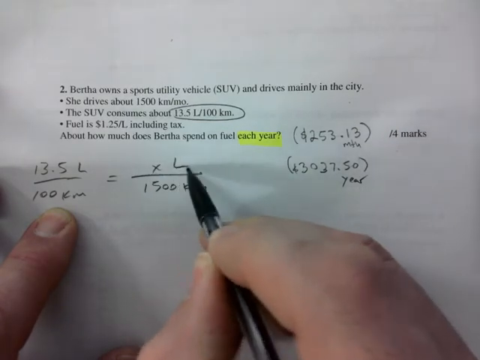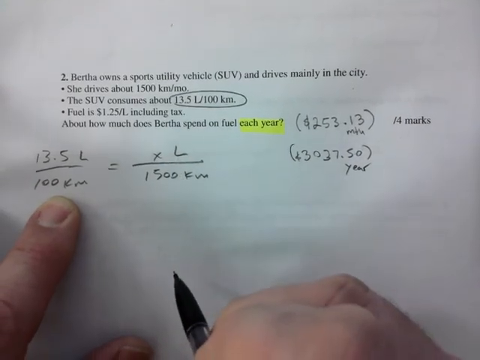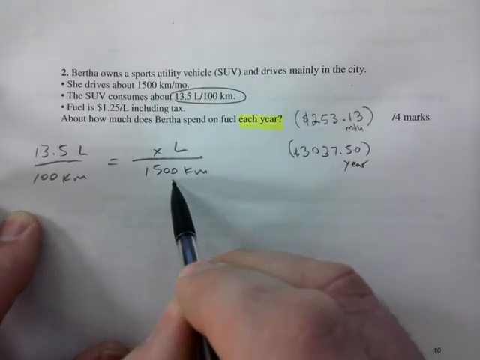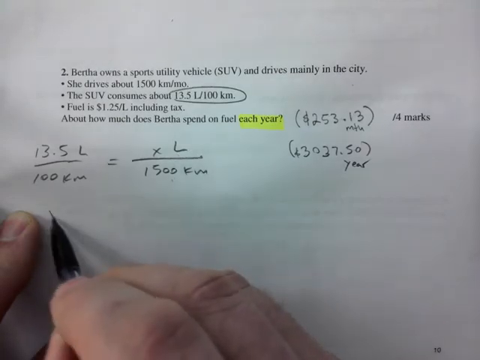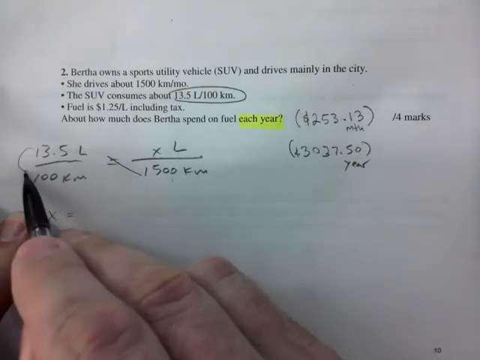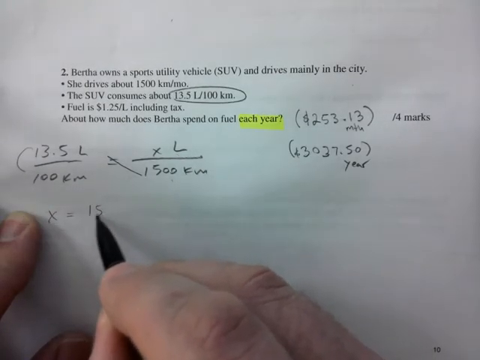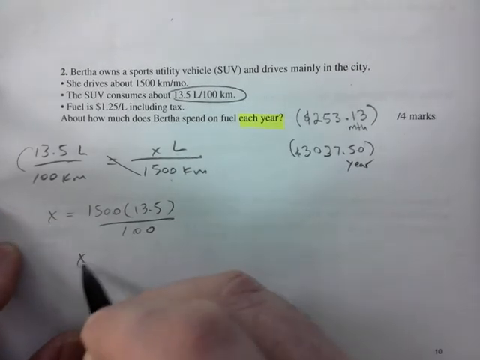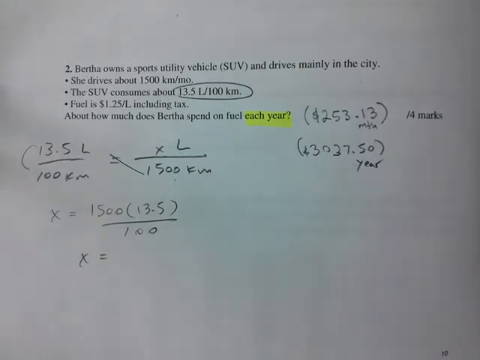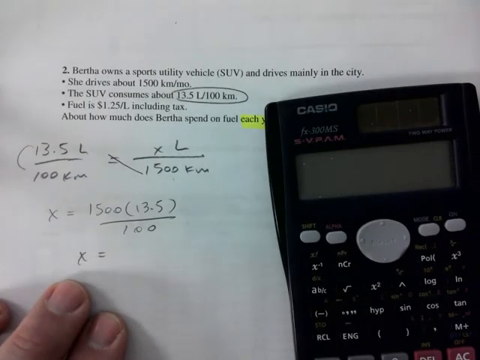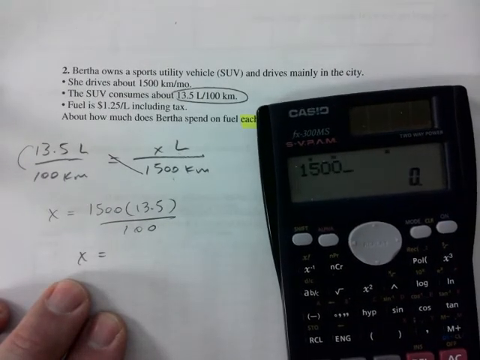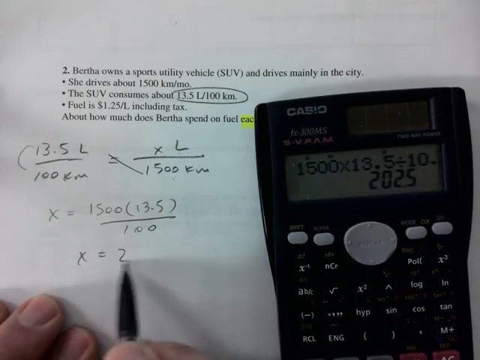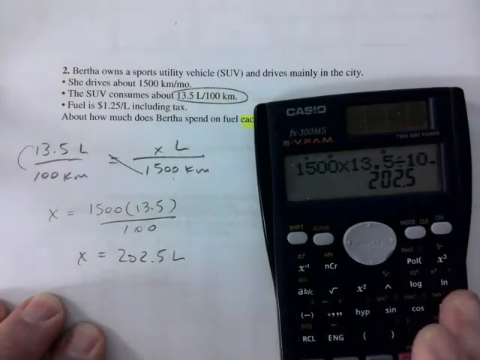So I'm going to figure out how many liters I need to travel this much in a month. It's quite a bit, actually. So 1,500 times 13.5 divided by 100. 202 something, right? 202.5 liters.